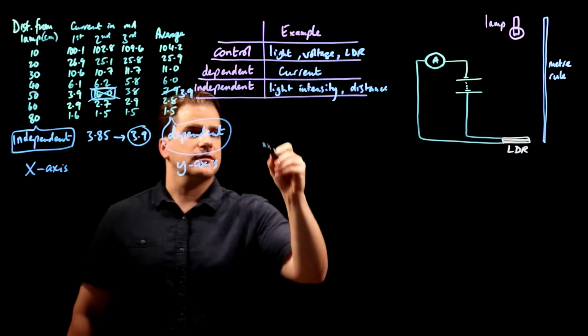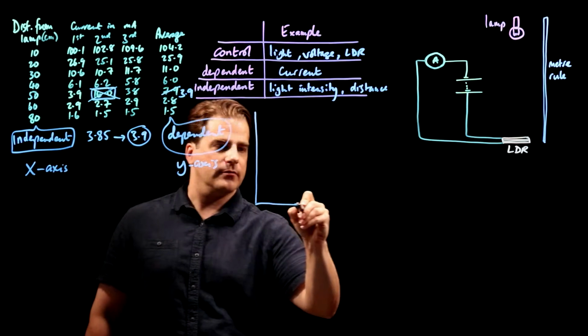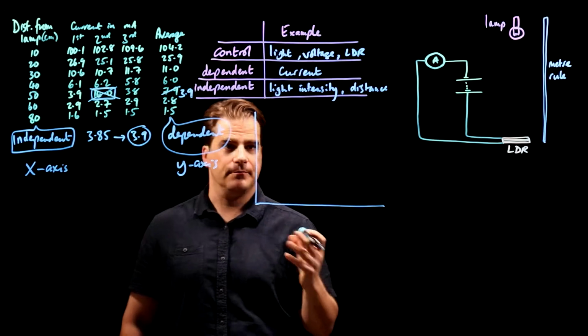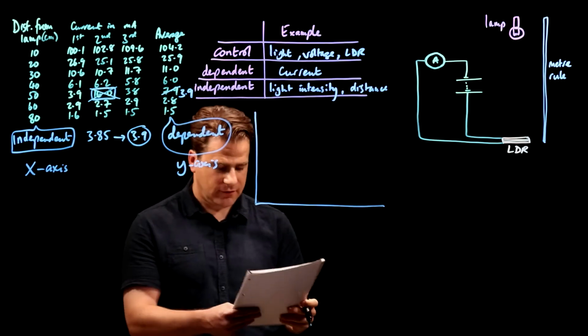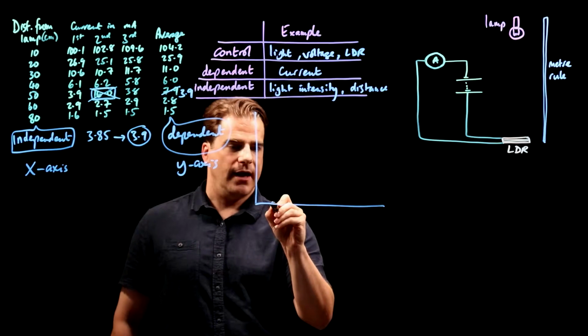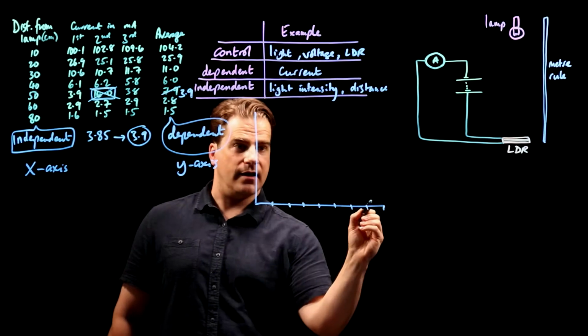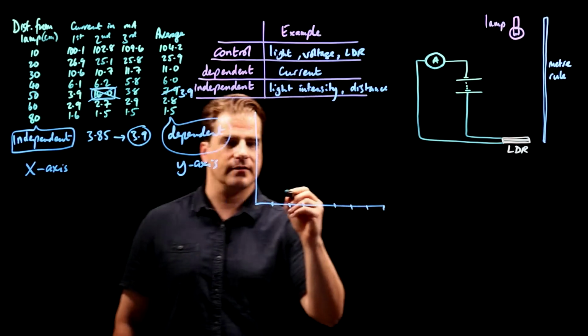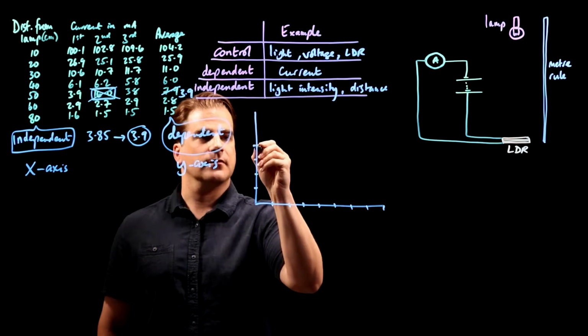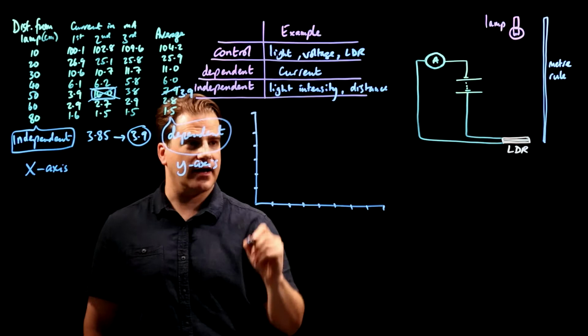Okay. So you have your graph and your graph paper. Now they gave you 8 squares on your question sheet on the x-axis and 6 squares on the y-axis.